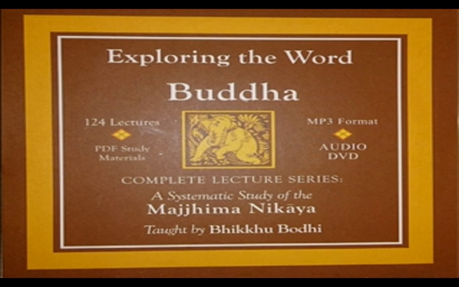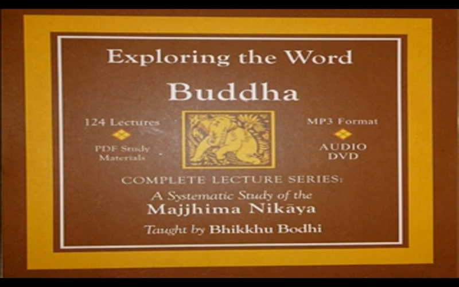The 6 corresponding types of consciousness: eye consciousness, ear consciousness, nose, tongue, body consciousness, and inner consciousness or mental consciousness. The 6 types of contact. What is contact? The coming together of consciousness with its object through the sense faculty.